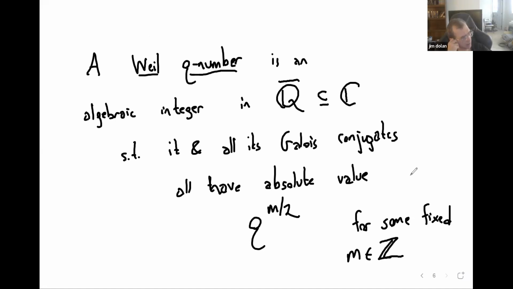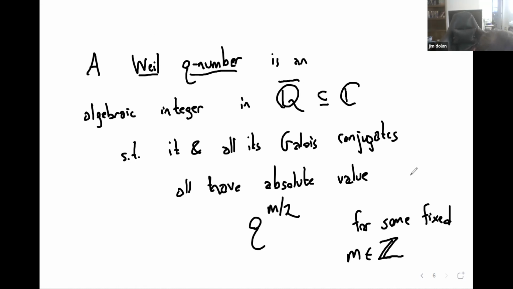Okay. When you chop an actual variety up into parts, you don't get the Tate motive showing up. But what am I trying to say here?